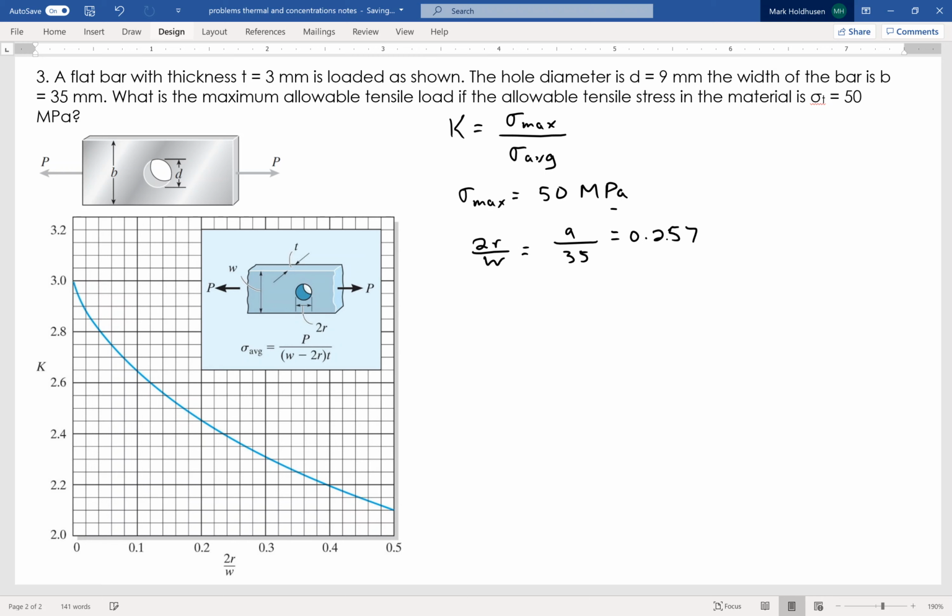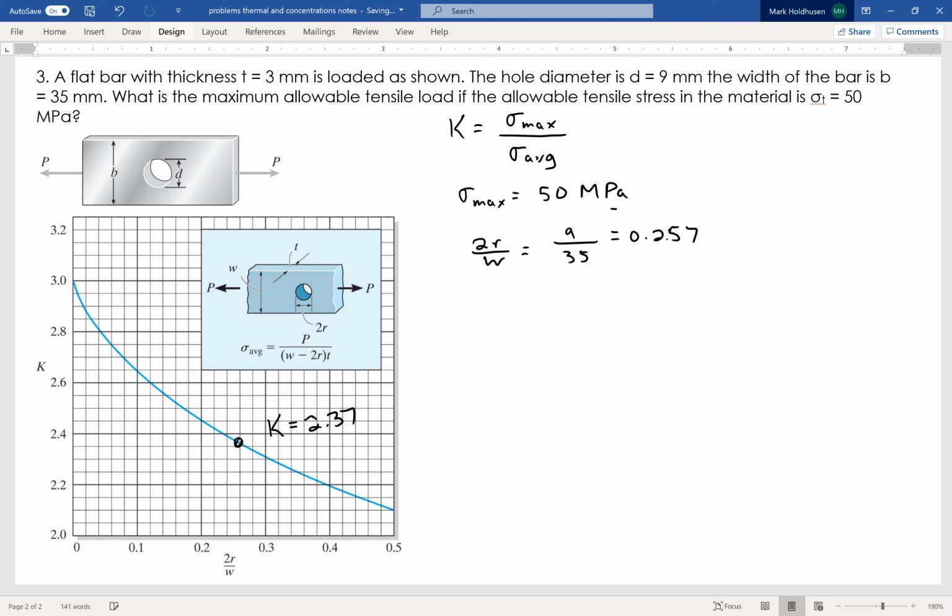Okay, so I come over here, and 0.257, it's right about here. Okay, where I'm going to call K, then what would that be? I'll call it 2.37 for my value here.